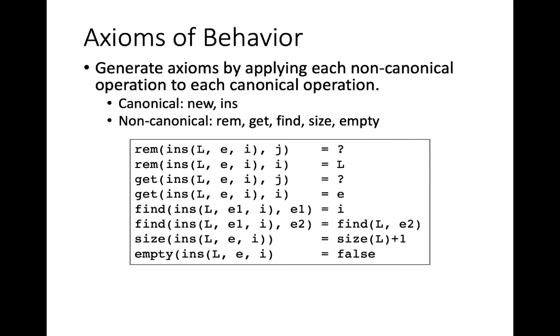Like if I try to find the size of a list which is the result of having inserted E at some position, it's the same thing as the size of the original list plus 1, right? If I ask whether or not a list is empty, since I've just finished inserting something in it, I know that has to be false, right?